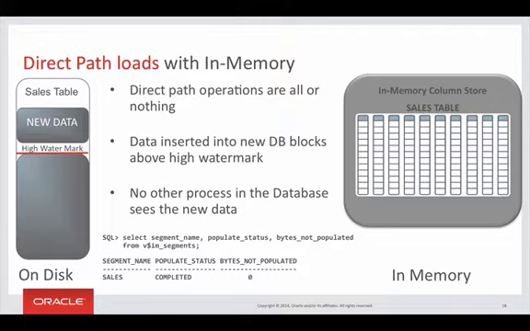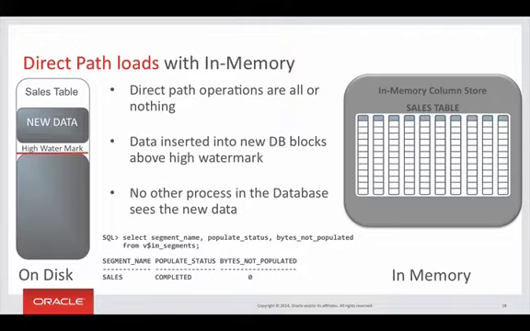Even though new data is being inserted above that, they're not aware of it, because a direct path operation, as we said, is all or nothing. Until the operation is committed, no other process in the database gets to see that new data. So from the in-memory column store point of view, it's not aware of that new data at all. It thinks it has all of the data for the sales table, as it rightly should.